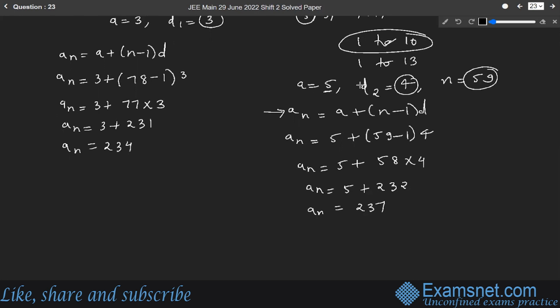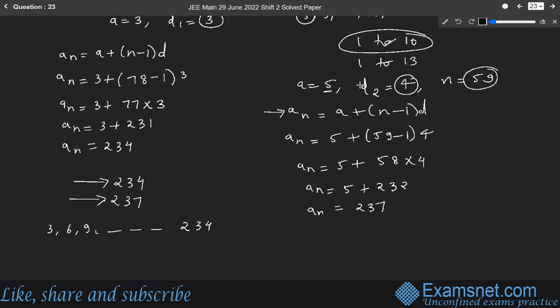Now we have to understand the concept that the first series has the last term 234 and the second series has the last term 237. This is the last term for the first series and this is the last term for the second series. It means the numbers are 3, 6, 9, and so on up to 234.